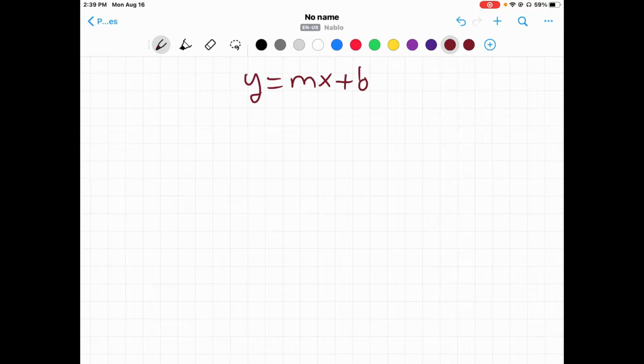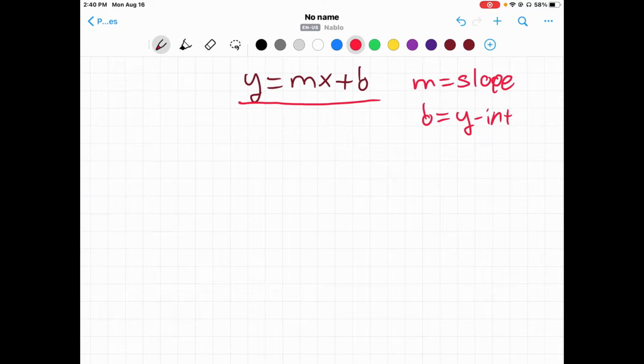So let's start off with slope-intercept form. Now, if you remember, slope-intercept form is written like this: y equals mx plus b. Now, m is the slope of the graph and b is the y-intercept. So in this case, by looking at b, we would already know what the y-intercept is.